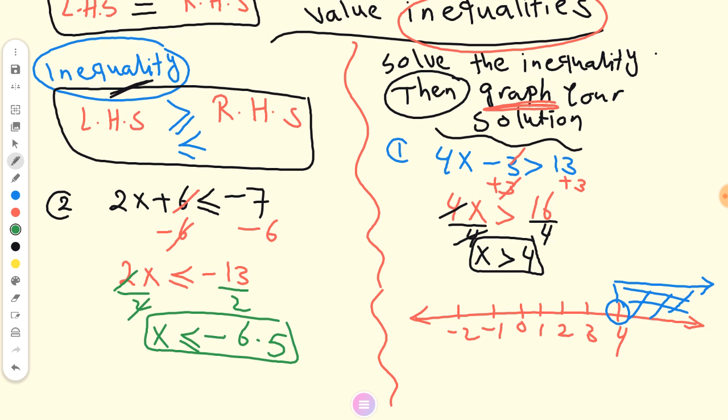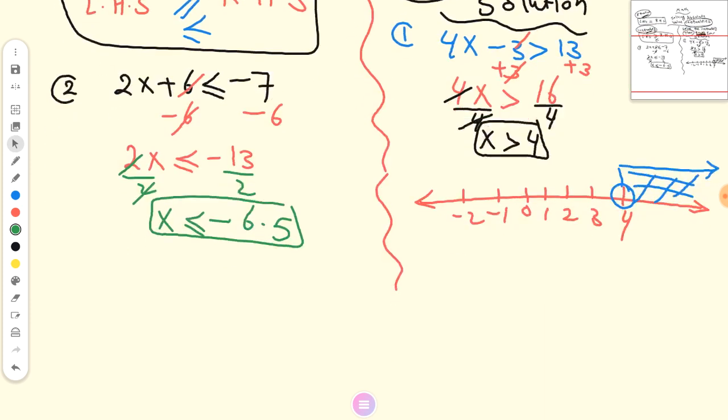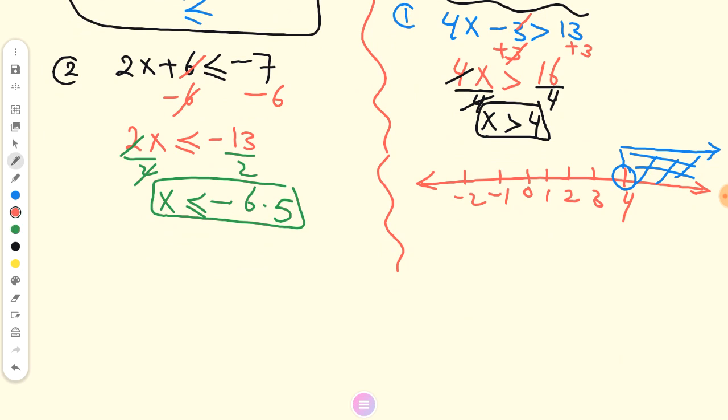Okay, I didn't finish. I want to represent my solution on the number line. Also, I will draw the number line here and write 0, 1, 2, 3, and so on, and here negative 1, negative 2, till negative 6 and negative 7. Negative 6.5 is between negative 6 and negative 7. Here in the middle, I will make a circle around negative 6.5.